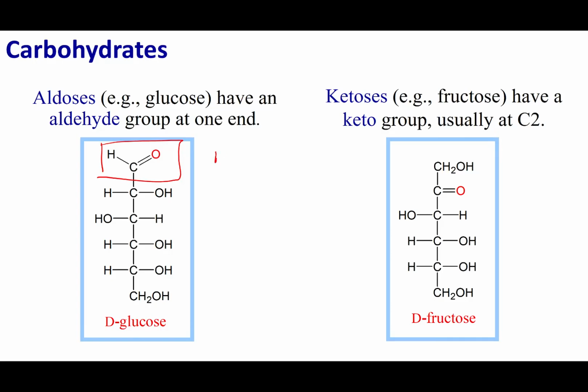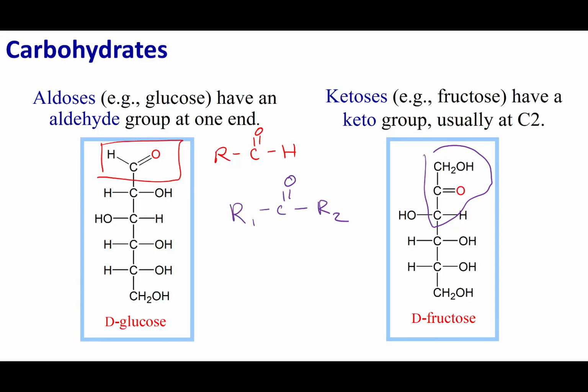And to remind you guys, an aldehyde is this functional group. They can also be classified as a ketose, and a ketose is going to have a ketone functional group. Again, to remind you, this is what a ketone is going to look like.